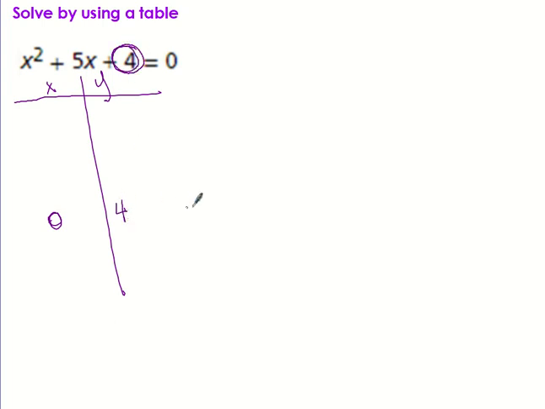So I either could plug it in. I could go 0 squared plus 5 times 0 plus 4. But 0 squared is 0. 5 times 0 is 0. Plus 4 is obviously 4. So let's try -1 first. We'll go backwards. Why not? So I'm going to go -1 squared plus 5 times -1 plus 4.